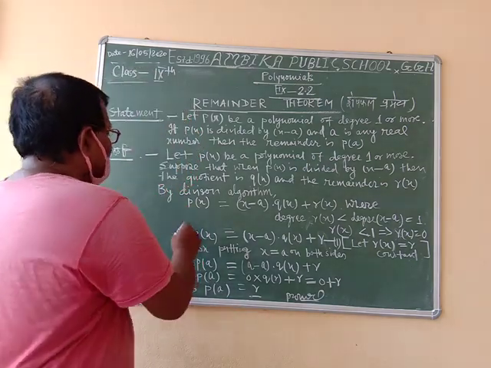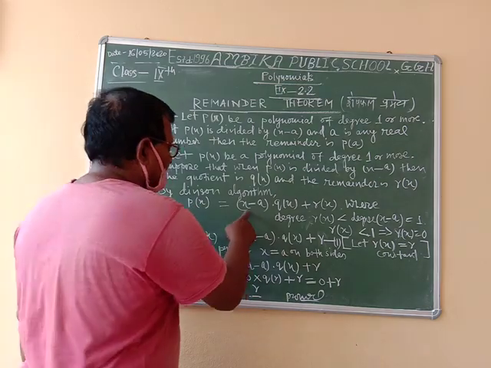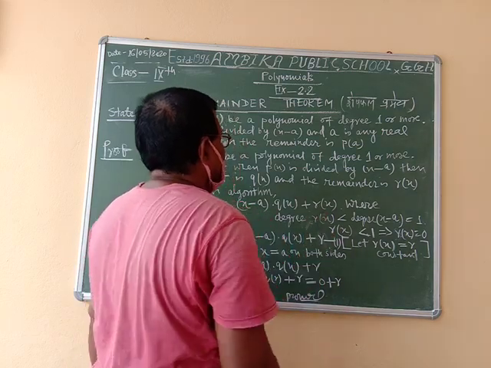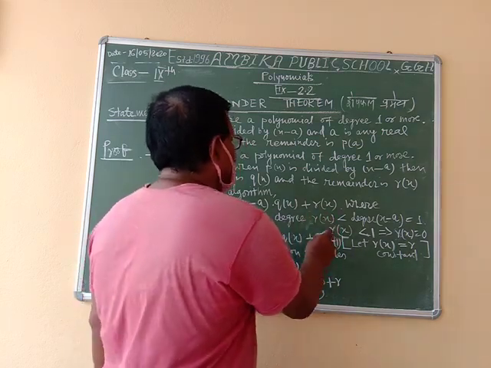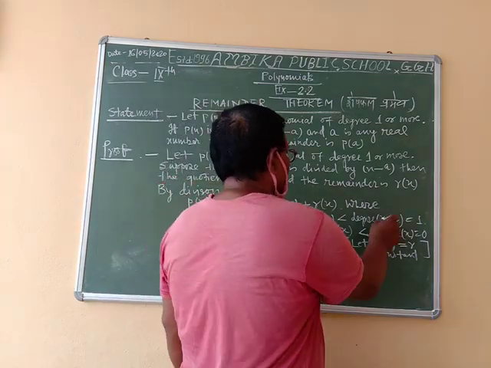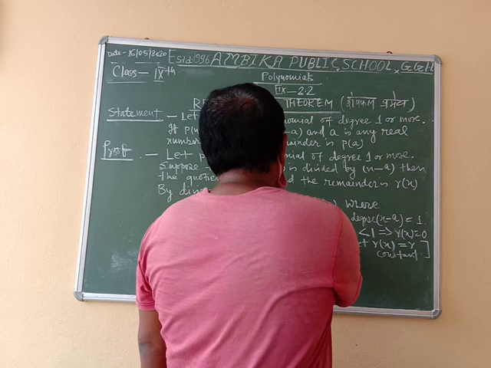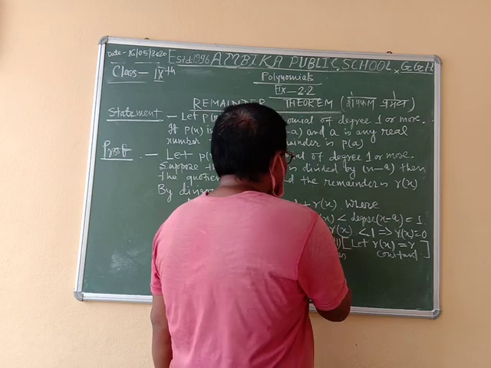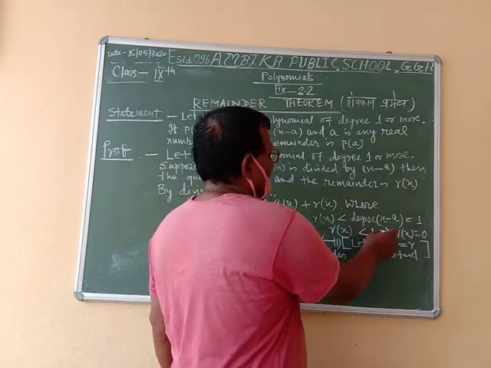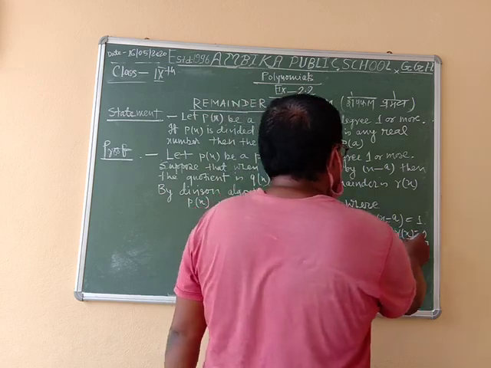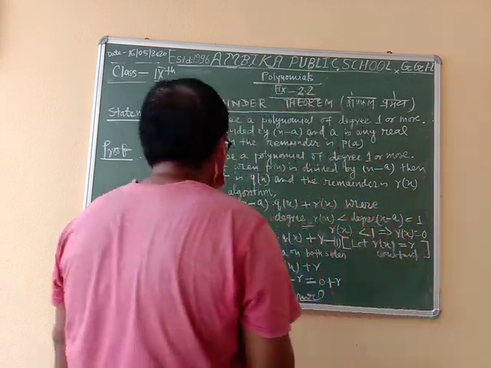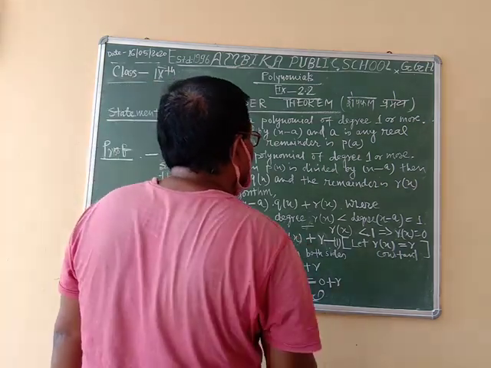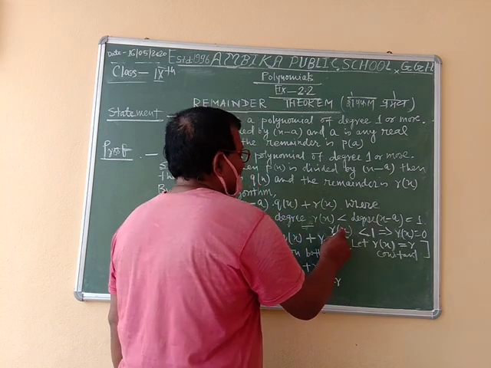We know by division algorithm p(x) is equal to x minus a into q(x) plus r(x), where degree r(x) शेषफल का घात जो है सो छोटा है डिग्री x माइनस a से. Degree r(x) less than degree x minus a is equal to 1 and degree of r(x) less than 1 या degree of r(x) is equal to 0. अथवा p(x) बराबर x माइनस a इंटू q(x) प्लस let r(x) बराबर r.